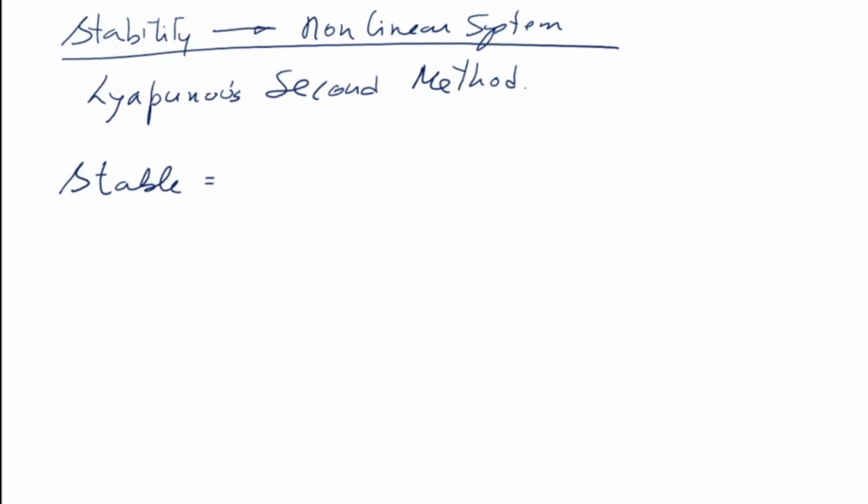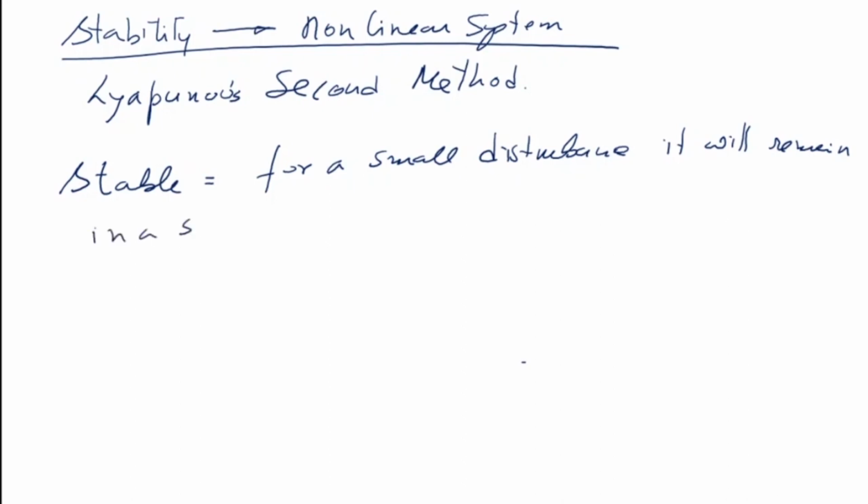Stable means for a system, for a small disturbance, it will remain in a small region around the origin.